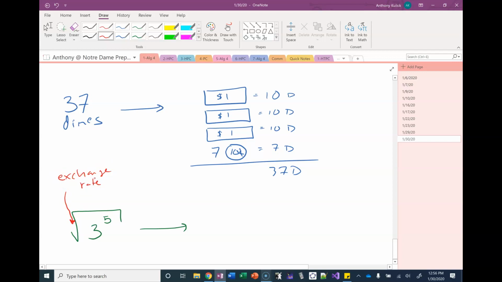The exchange rate is the index for the radical. For a square root, what is the index? 2.